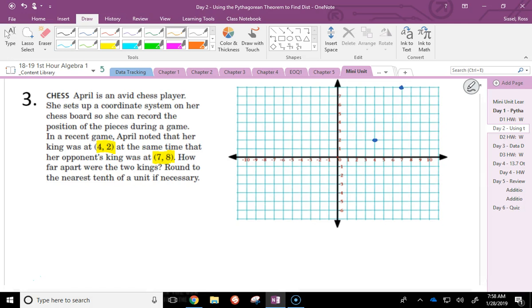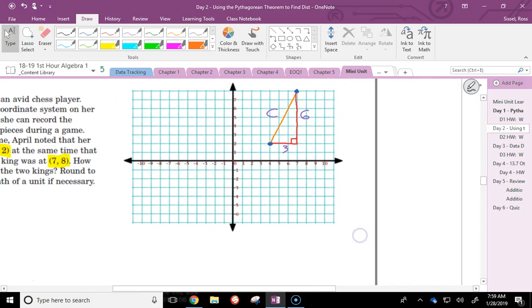Once you have your 2 points, she wants to know that missing distance. Once again, we just create a right triangle out of the whole thing. And I'd be able to say, that's our c. 1, 2, 3. 1, 2, 3, 4, 5, 6.